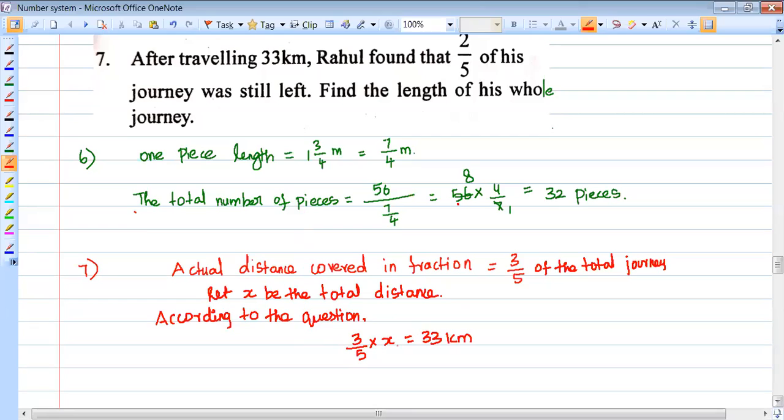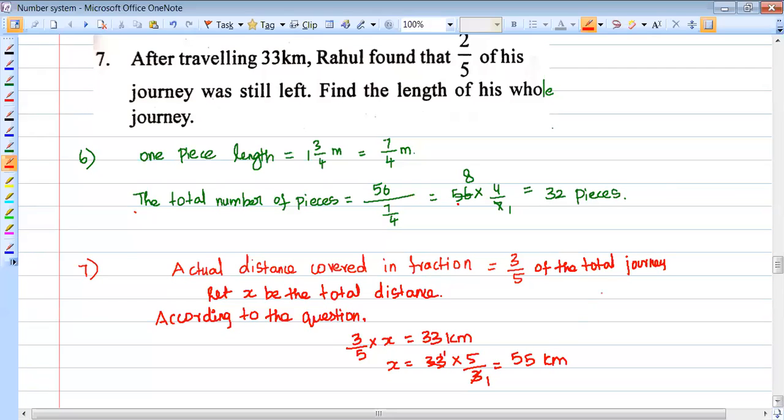Correct? Because he covered 3 by 5 of the total journey. Then x is equal to 33 into 5 by 3. So what is your answer? 1, 3 is 3, 11, 55 kilometer.